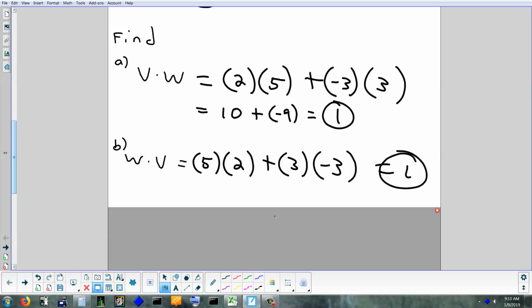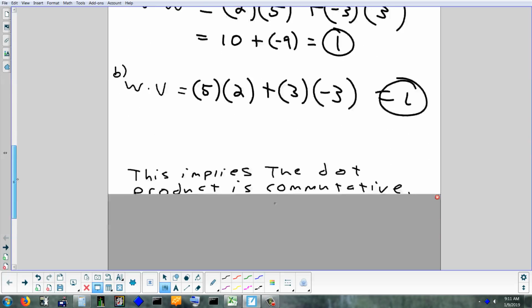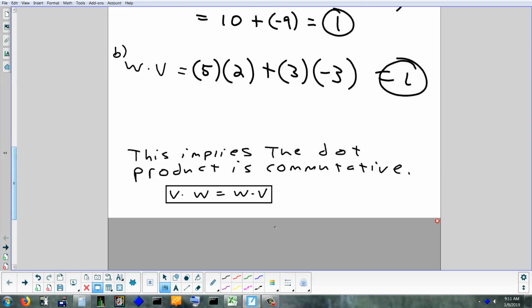It's another property we usually study when we talk about that one. What's the other property we mentioned? Begins with a C. Commutative. So what this means is that the dot product is commutative. V dot W is the same as W dot V.